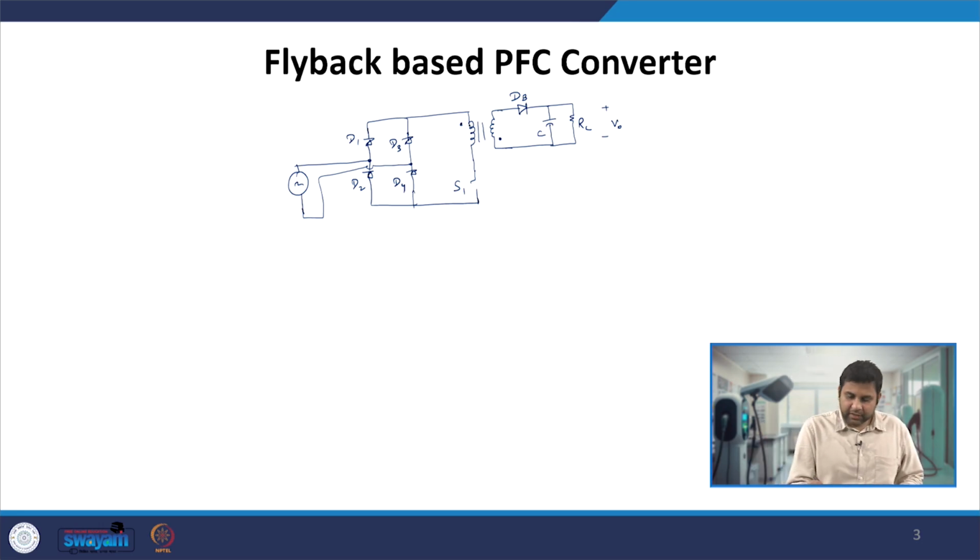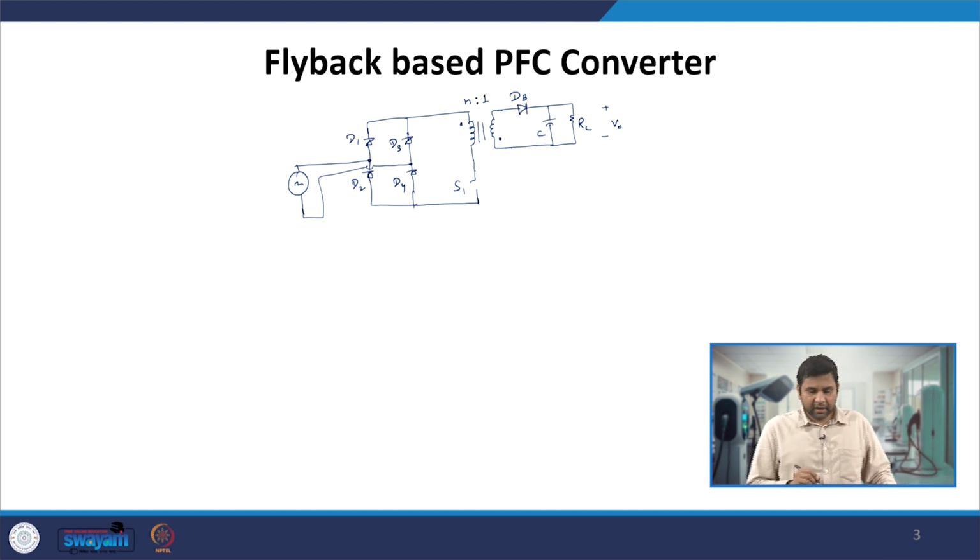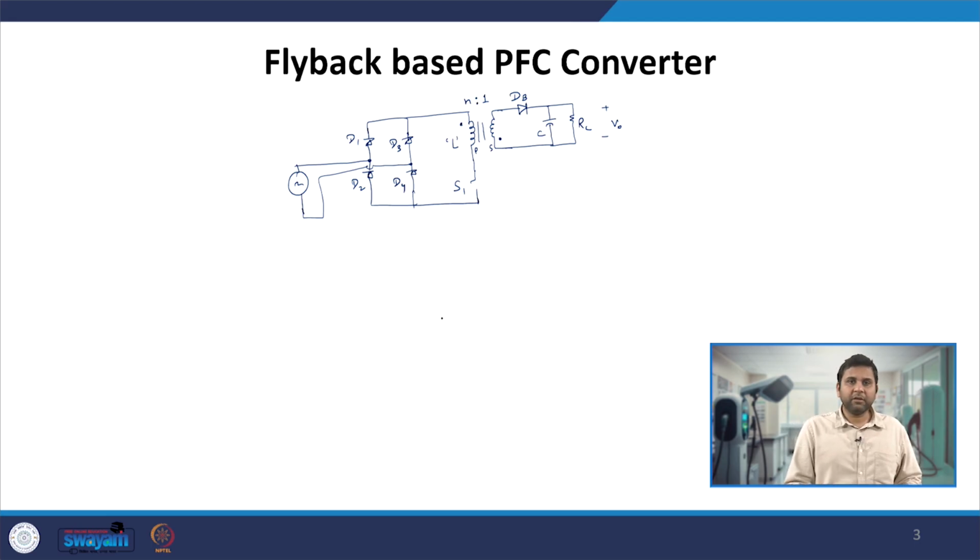Let us take the inductors. These two inductors have a turns ratio of n to 1, where n is the number of turns. Let us say this winding is named P and this winding is named S. So, P has n turns while S has just one turn. If there were only one winding, it would have the inductance L, referred to the primary side of this transformer.